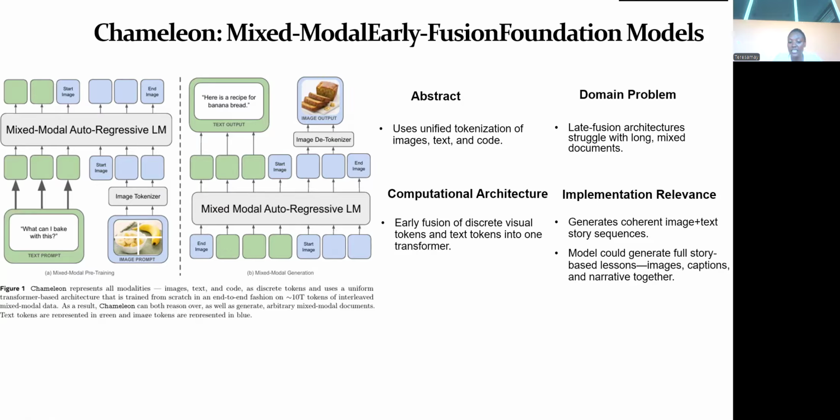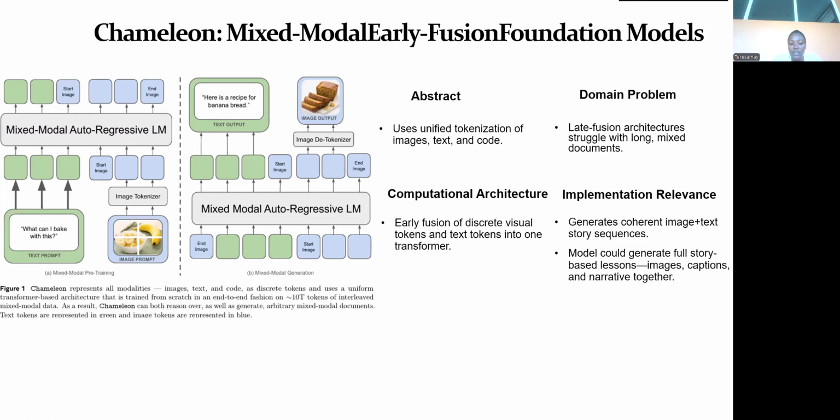multimodality a step further. So instead of processing images and text separately and then combining them later, which we call late fusion, it presents both at the same time from the beginning of the generation.